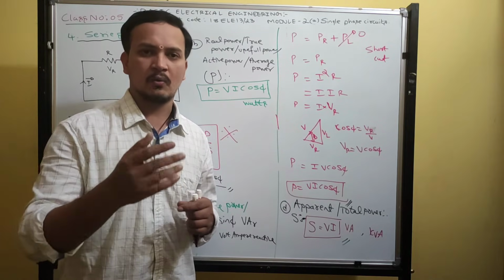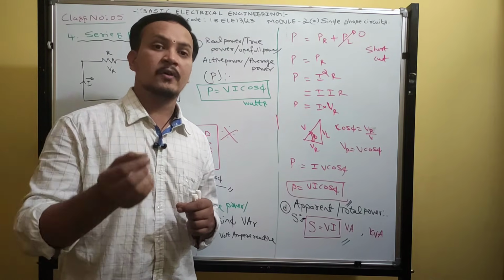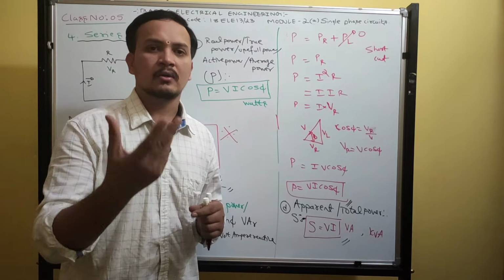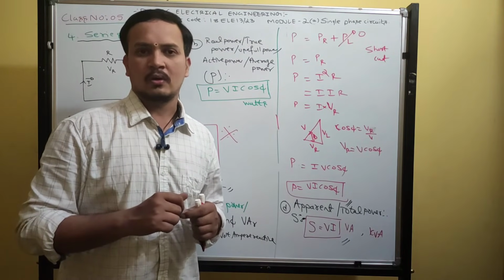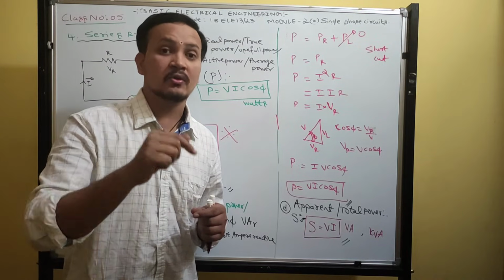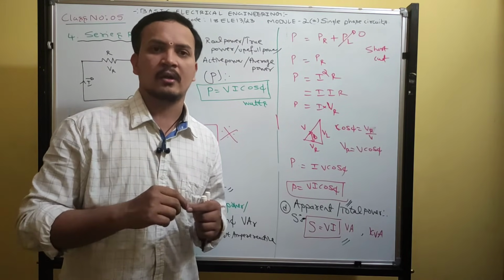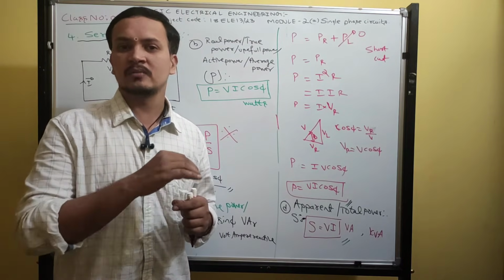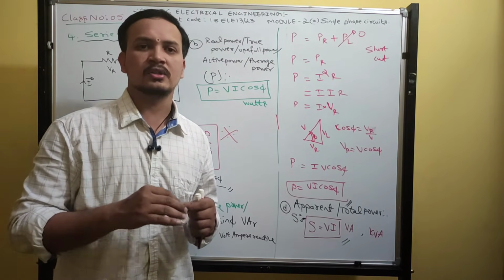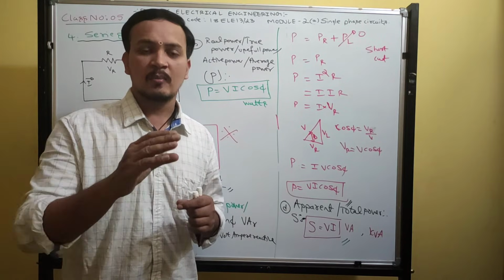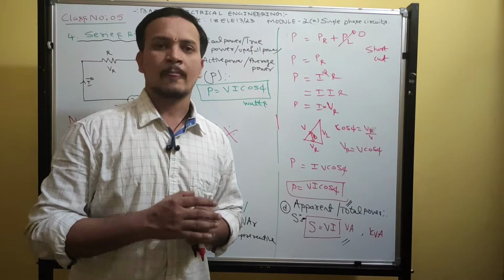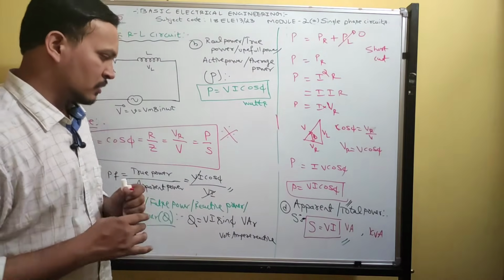If I give 1000 watts, you cannot utilize all 1000 watts. The device consumes only 990 watts, and the remaining wattage gets wasted in the form of heat. That power is called reactive power.